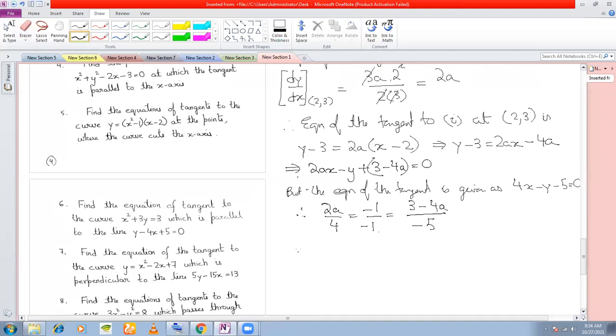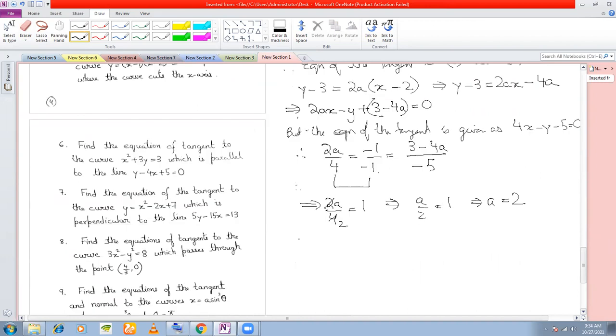Okay. So you take the first two equalities. That means 2a by 4 is equal to 1. That means a by 2 is equal to 1. That means a is equal to 2. Okay, so you have got the value of a, right? So what is the given equation of the curve?